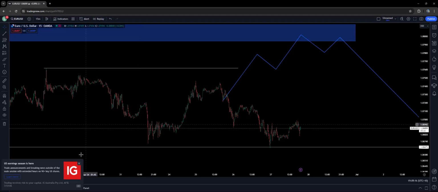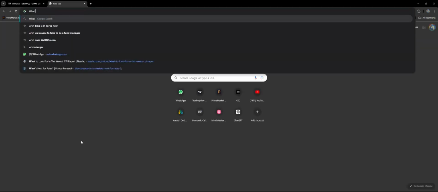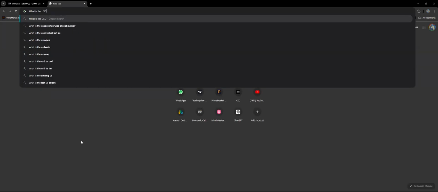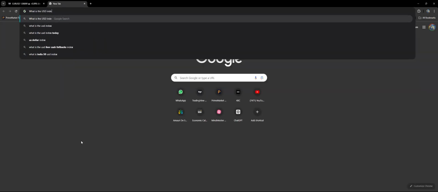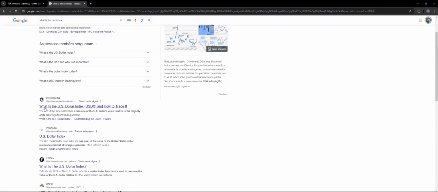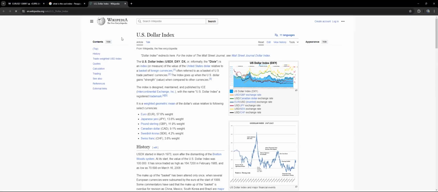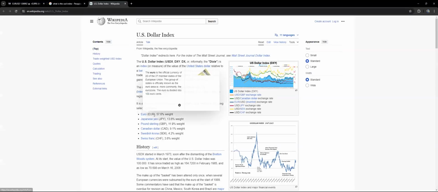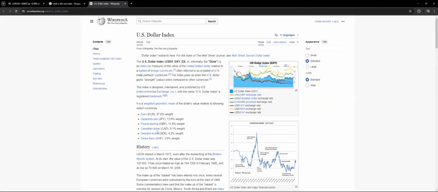So if you search it up here, what is the US dollar index? It will say that it's composed of the euro, the Japanese yen, the pound, the Canadian dollar, Swedish krona, and Swiss franc.